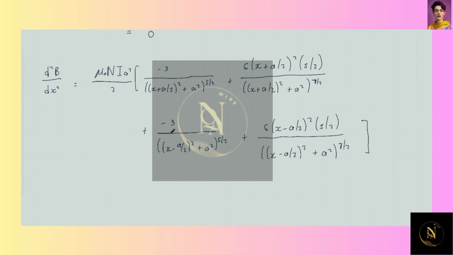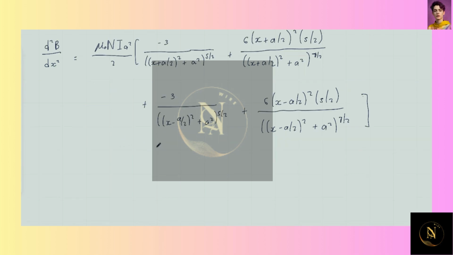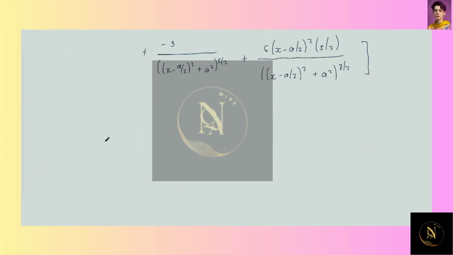And so here we have an expression for the second derivative of the magnetic field at point P with respect to x. Now at point P, x is equal to 0. So we need to evaluate this d2B/dx squared at x equal to 0.